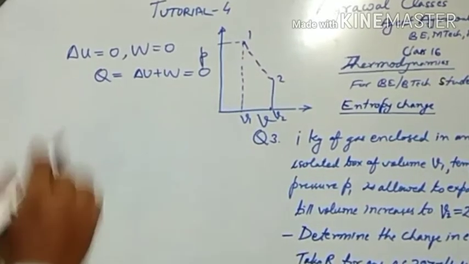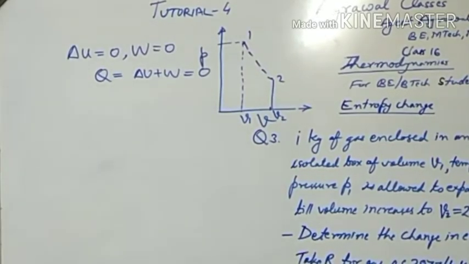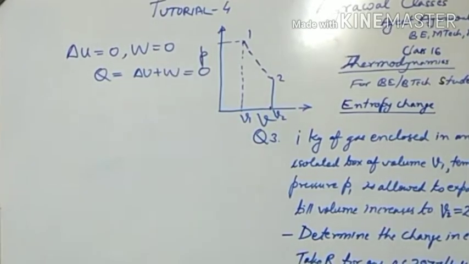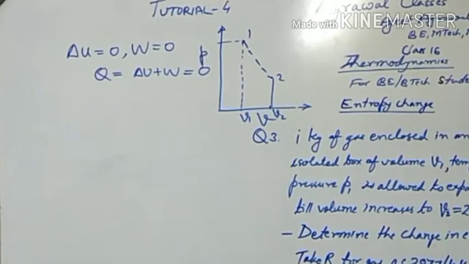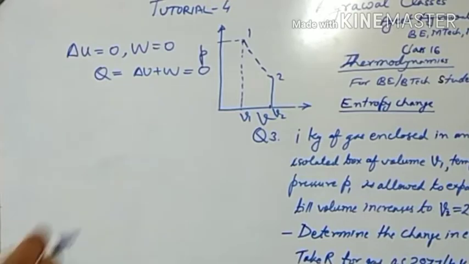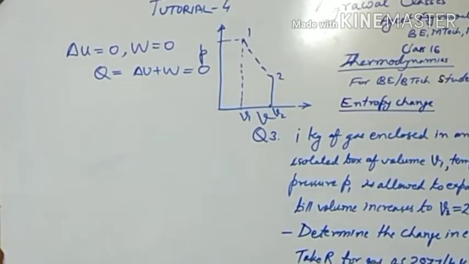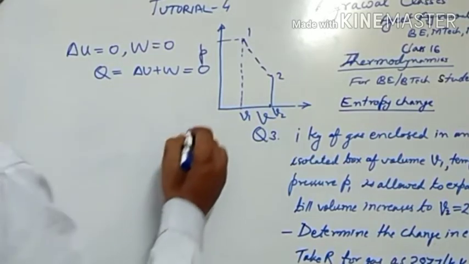As this is an irreversible process, we are representing it on the PV diagram by a dotted line. Now to calculate the change in entropy, we'll assume this free expansion process is replaced by a reversible isothermal process.